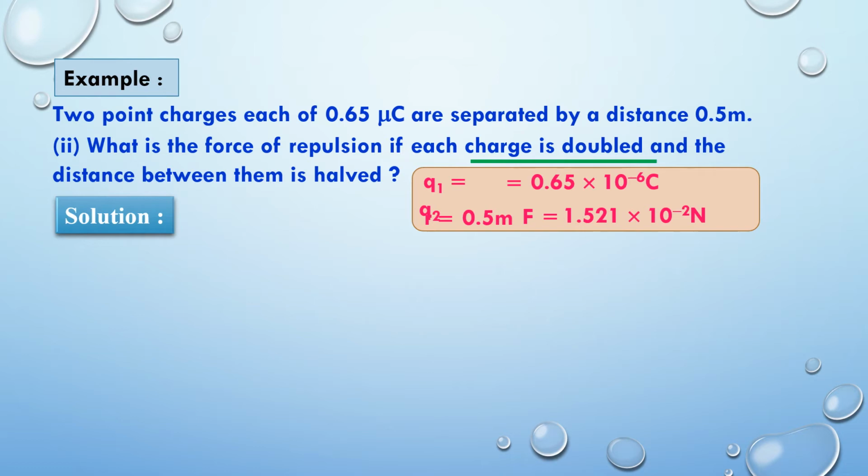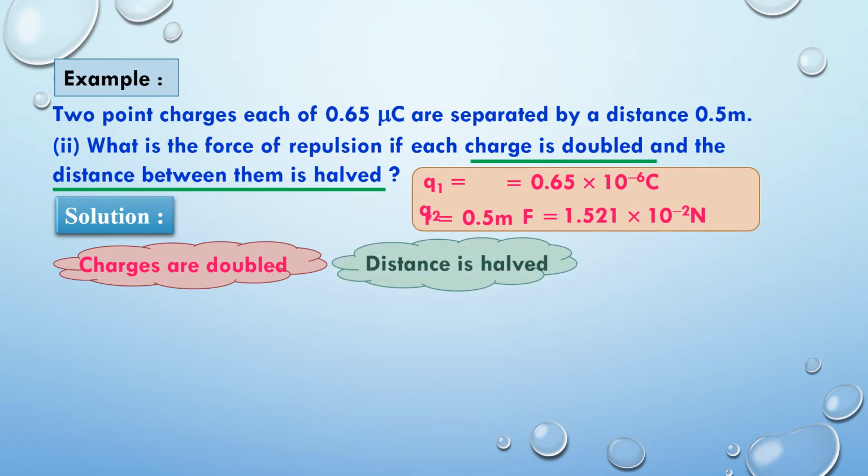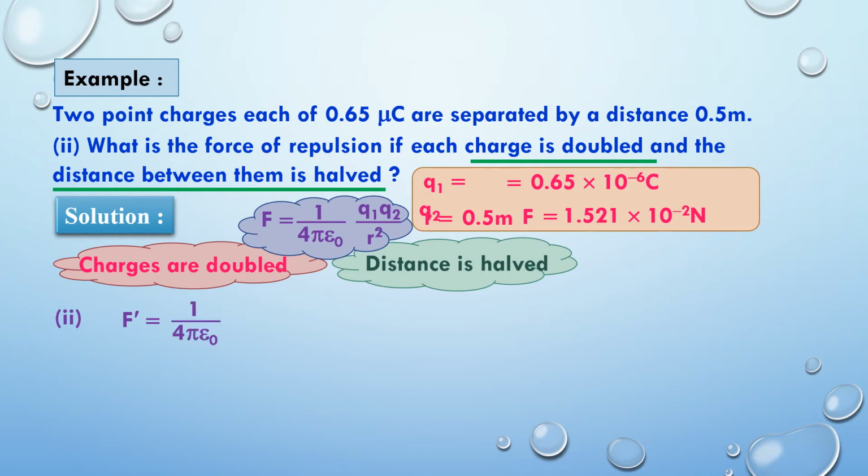So now if this charge is doubled and the distance is also halved, the force now can be written as F dash is equal to 1 upon 4 pi epsilon naught 2 Q1, since charges are doubled, into 2 Q2 upon distance, which is halved, should be written as R upon 2 the whole square.